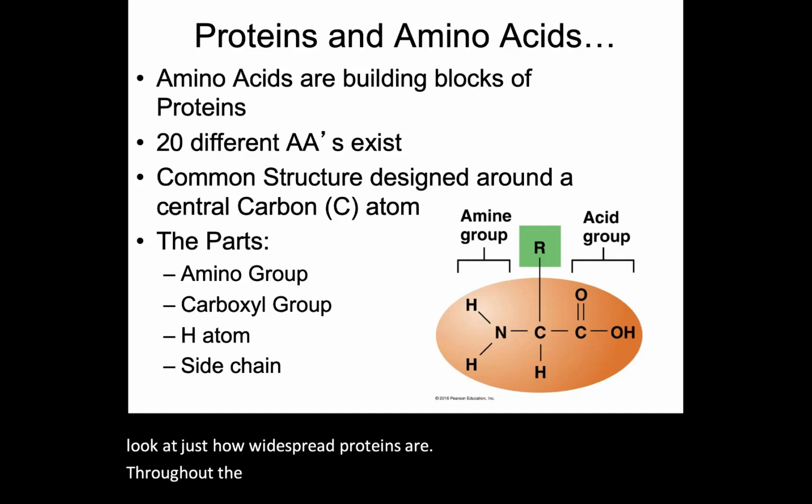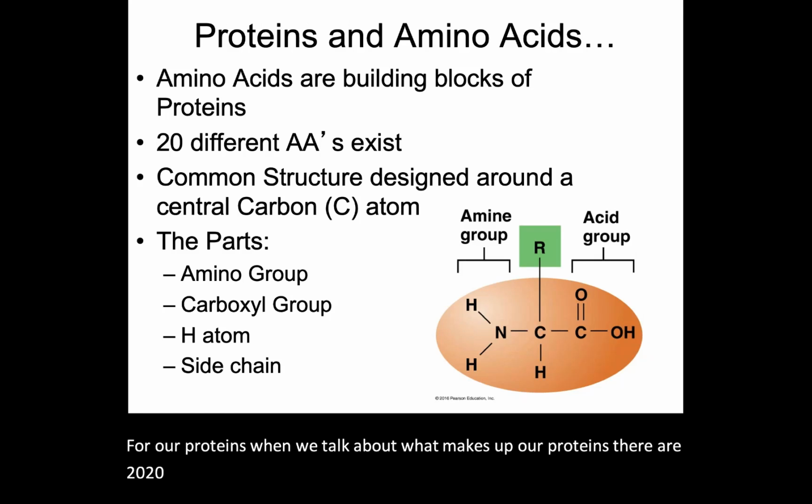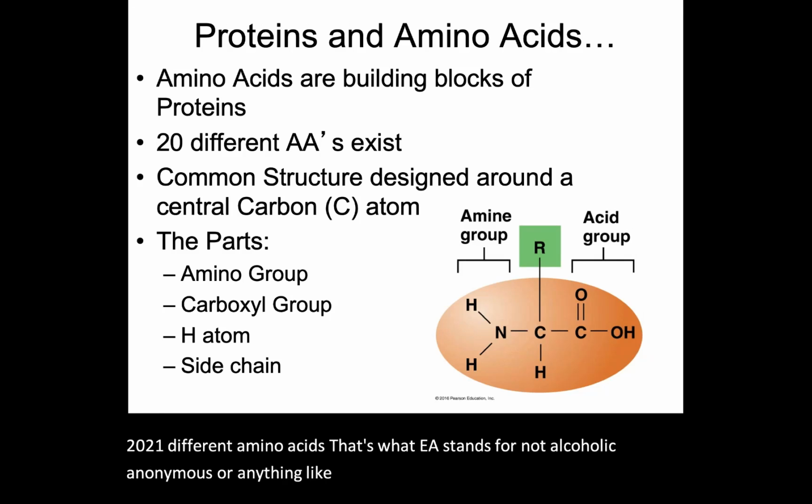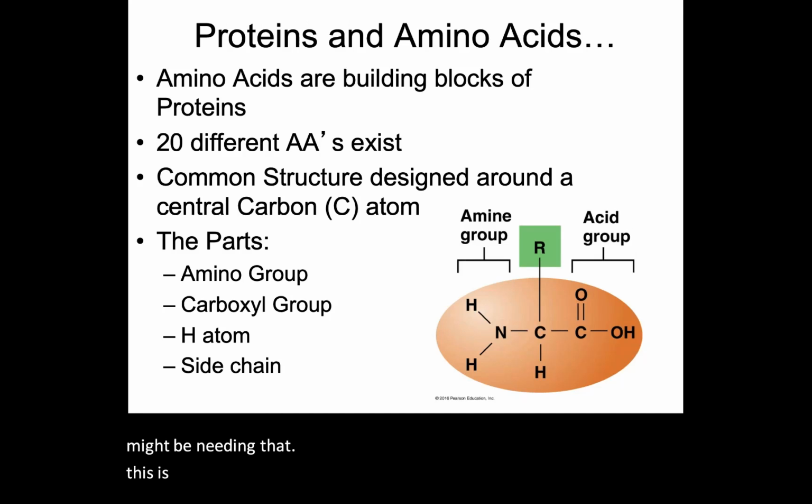For our proteins, when we talk about what makes up our proteins, there are 21 different amino acids. That's what AA stands for. All right, not Alcoholics Anonymous or anything like that. Although by the end of this course, you might be needing that. This is referring to amino acids.